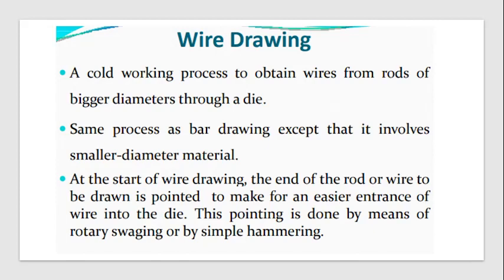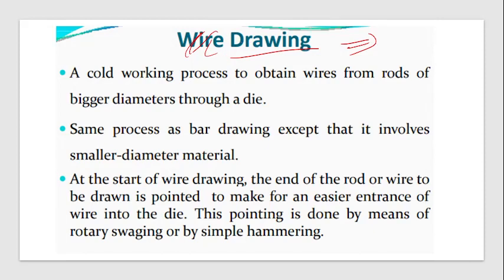So this will be the last topic, wire drawing. Wire drawing means you are drawing something, you are pulling. Some pull force will be there. By pulling, you are changing the shape of your material.